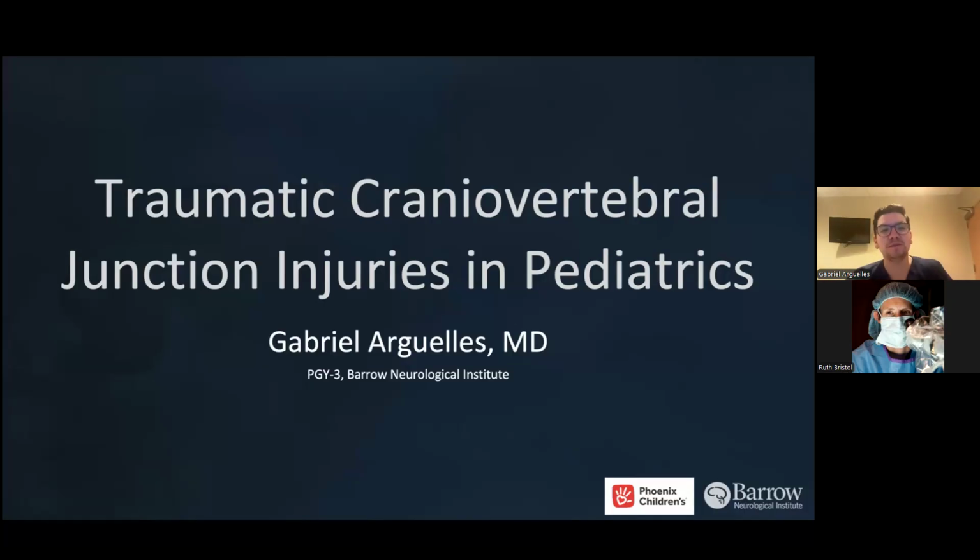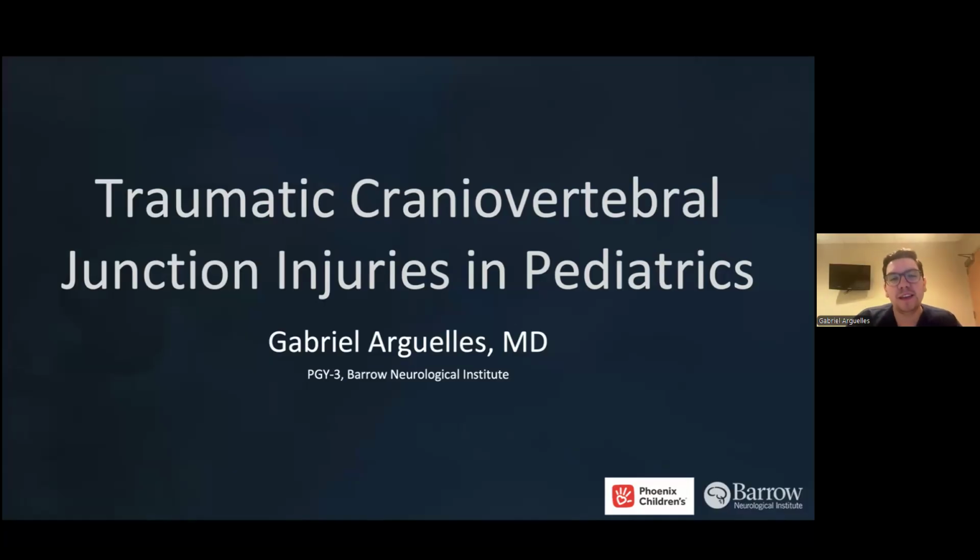So, jump into it here. Today, I'm going to talk about traumatic injuries specifically at the craniovertebral junction. We won't really go into the subaxial spine too much, so that's below C2. We're going to keep it from occiput to C2 for the most part.